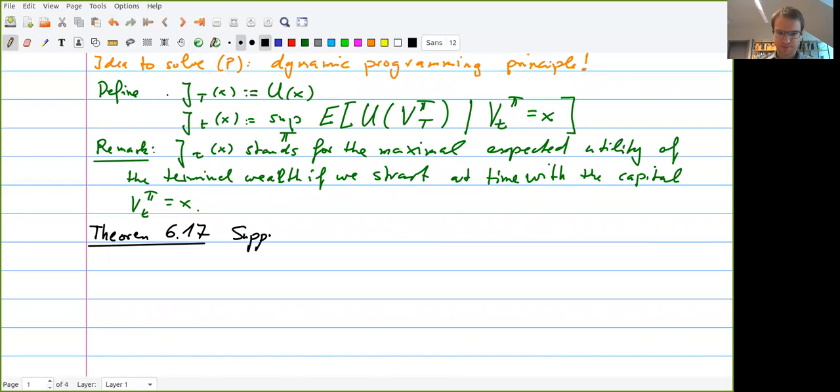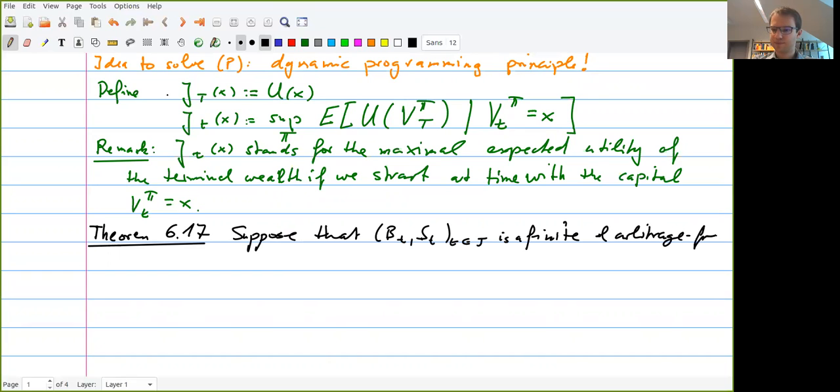So suppose T is finite and the market is arbitrage free. And this is what we always have to assume. Otherwise, we already understood that if the market is not arbitrage free, this optimization problem is degenerate, so there exists no proper solution.